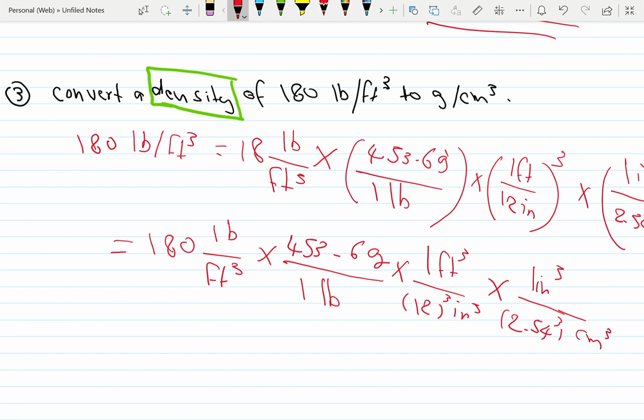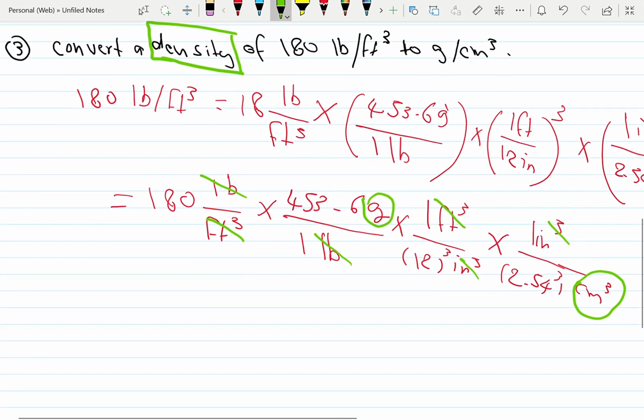Okay, so from here we can cancel, the pound is cancelled, the inches is cancelled, and do we have centimeter somewhere? No, because we need the centimeter here. The feet is cancelled. Okay, so we remain with gram here, and we remain with centimeter here. Okay, so we'll see it in the next step.